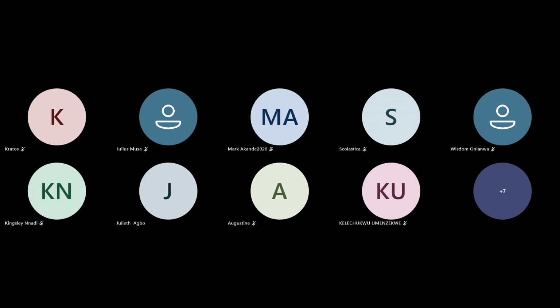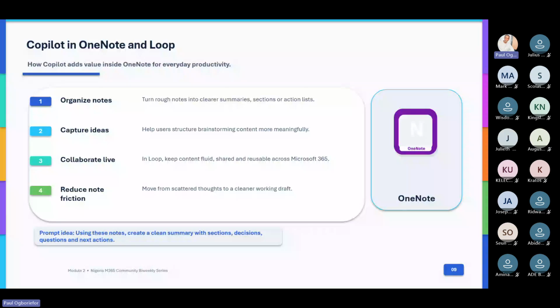Can you hear me now, Juliet? Yes, I can hear you clearly. Oh, perfect. Cool. Thank you. All right. Please confirm if you can see my screen already. Yes. All right. Thank you. So sorry, guys. These things happen like this sometimes.